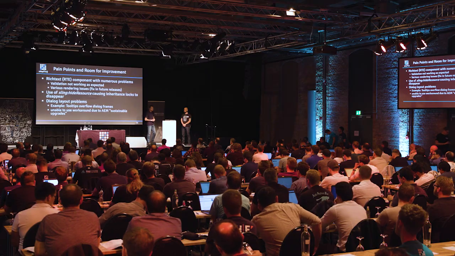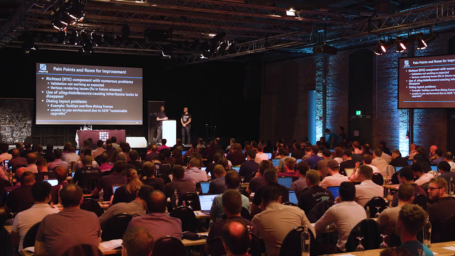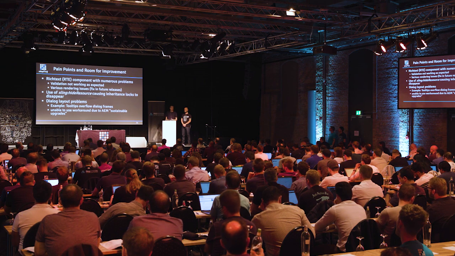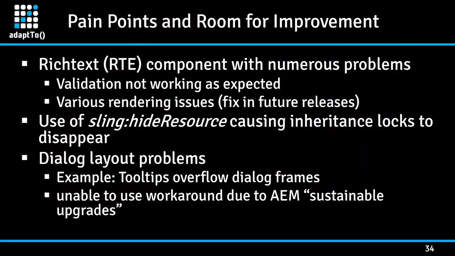But it still has various rendering issues, which, at least in our international context, mean we wouldn't be able to actually roll it out like that. So we went through the usual support channels, and we are trying to get this fixed with the help of support and engineering.